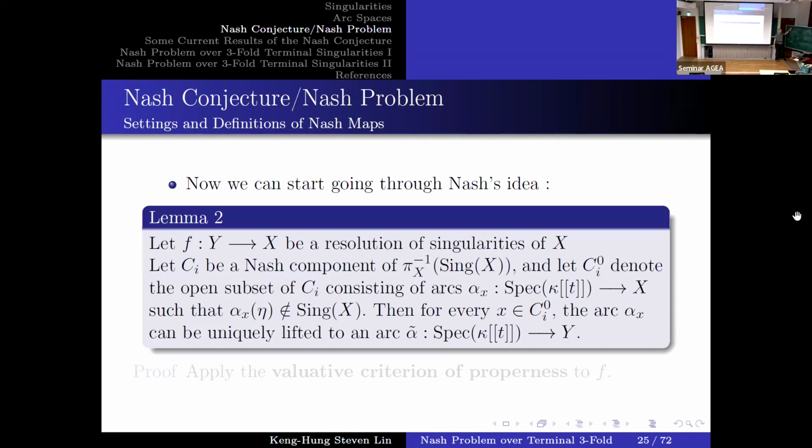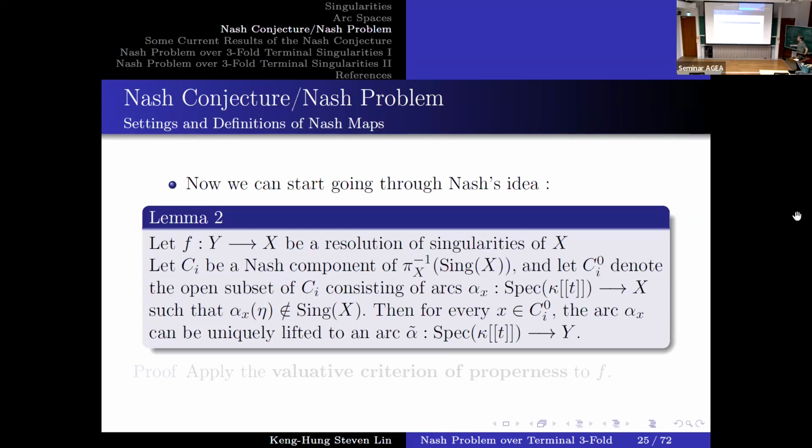Okay, so on Y we have a bunch of exceptional sets, right? Maybe this one, maybe this is called E1, E2, E3, E4, something like this. Okay, so this lemma is actually telling you that this arc will be uniquely linked to maybe this one, and other arcs will be linked to this one.